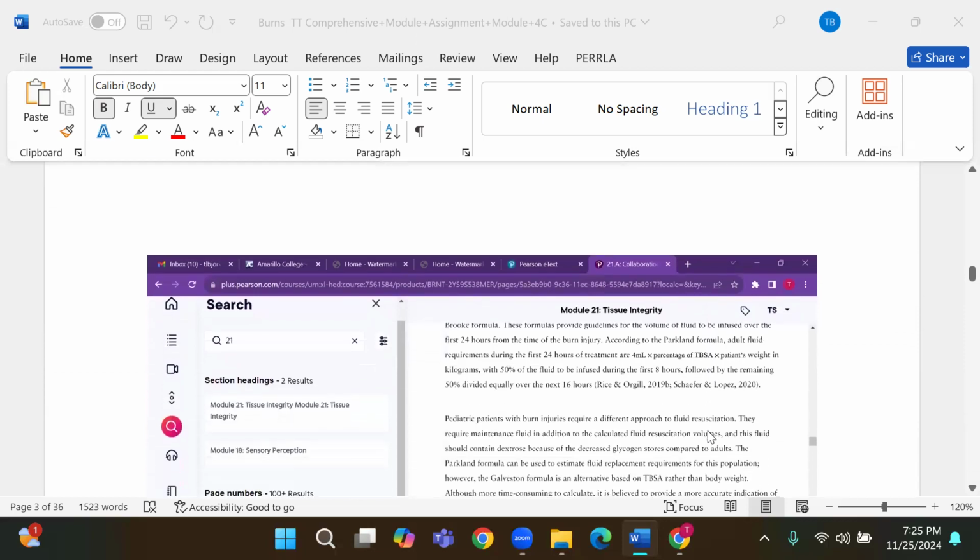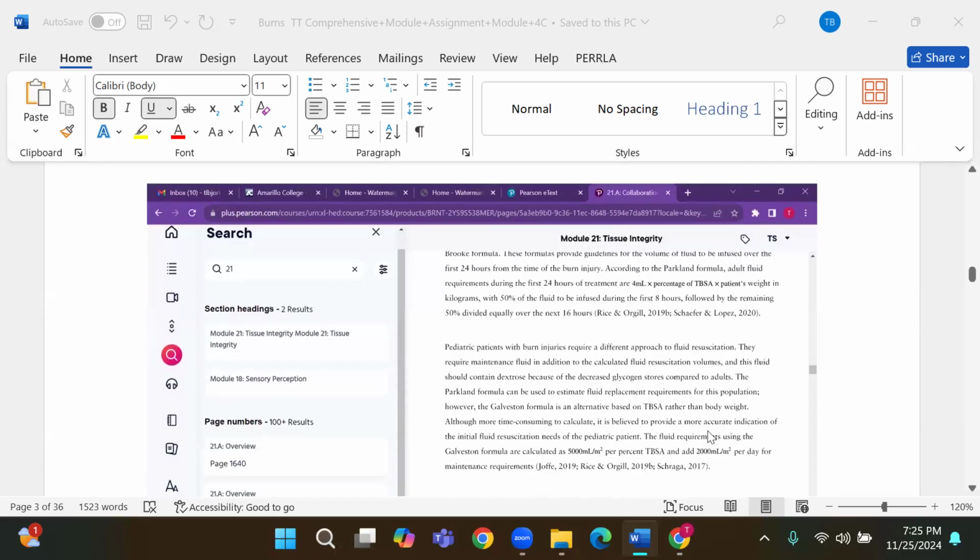I want you to write this down because I know that they're probably going to have you figure out how much fluid to give the patient. These formulas provide guidelines for volume of fluid to be infused over the first 24 hours. So the Parkland burn formula, adult requirements during the first 24 hours, is this: 4 milliliters times the total burn percentage of the body, total body surface area burned, times the patient's weight in kilograms.